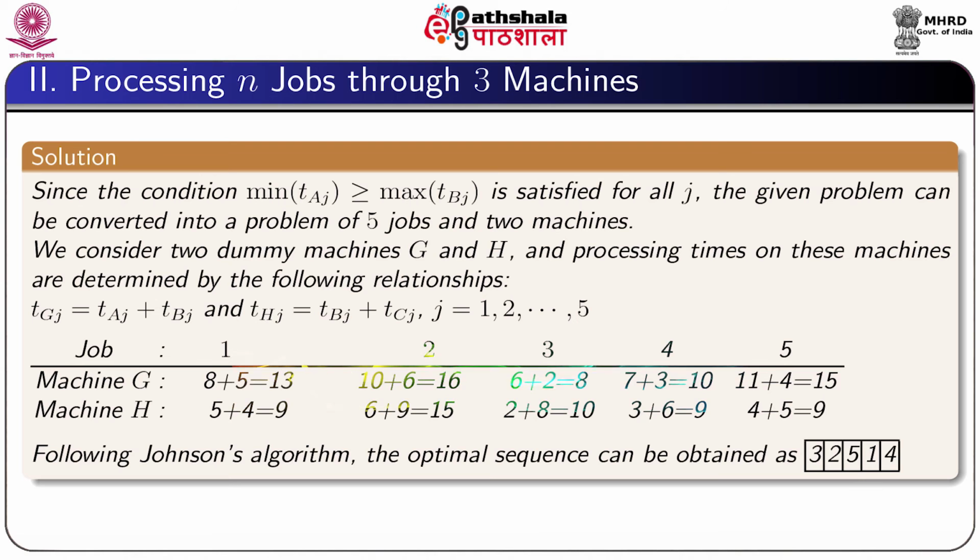Now, since the problem is converted to 5 jobs and 2 machines, we can easily apply Johnson's algorithm to find the optimal sequence, and the optimal sequence is obtained as 3, 2, 5, 1 and 4.